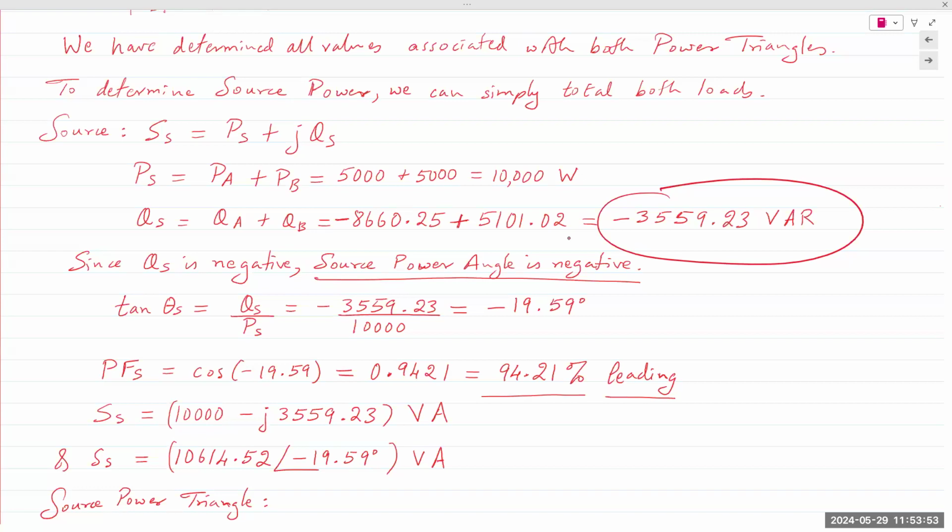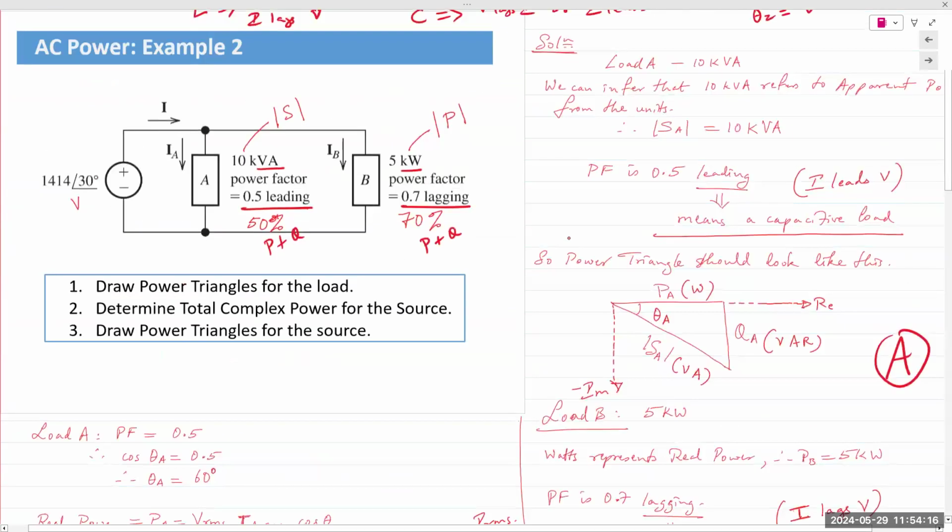Remember, counterclockwise is positive, clockwise is negative. If it's inductor, positive; capacitor, negative. So if your total reactive power from the source is negative, overall the system is capacitive. So your capacitor is not only supplying energy to the inductor, but it actually needs more energy from the source. So the situation has flipped.